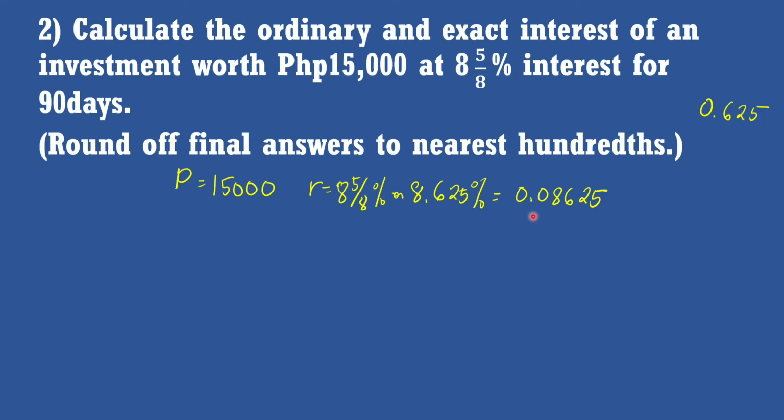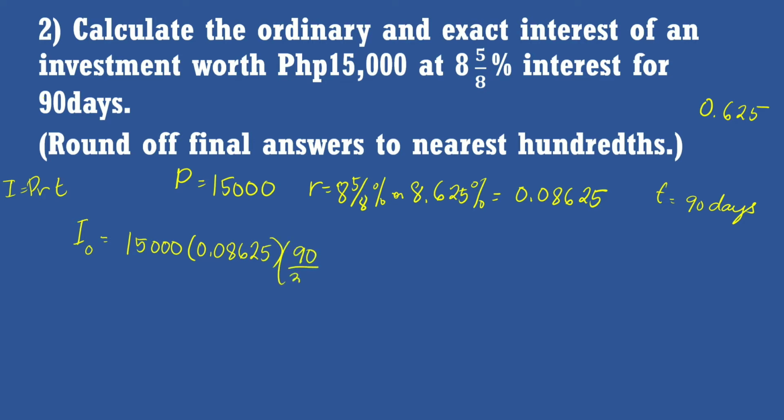We will be using this whole decimal in calculating the interest. Now, the time given is 90 days. With 90 days and ordinary interest, I equals PRT again: 15,000, and then the rate is 0.08625, times 90 over 360.